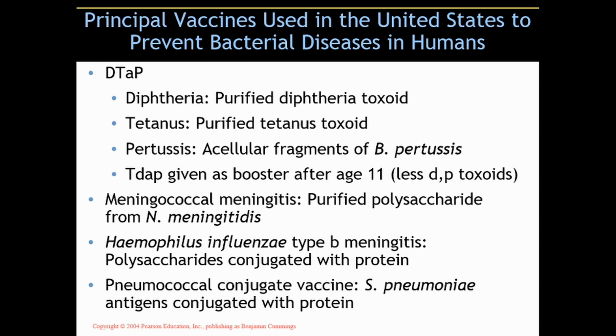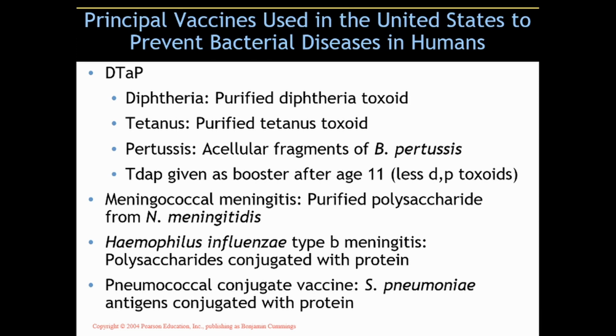And then you may have heard of Tdap. So we have the same letters, just rearranged. Tdap, for tetanus, diphtheria, and acellular pertussis, is given as a booster after age 11. What's the difference between DTaP and Tdap? Well, there is less diphtheria and pertussis toxoid in there. So it's changed slightly, and it's given as a booster after age 11.